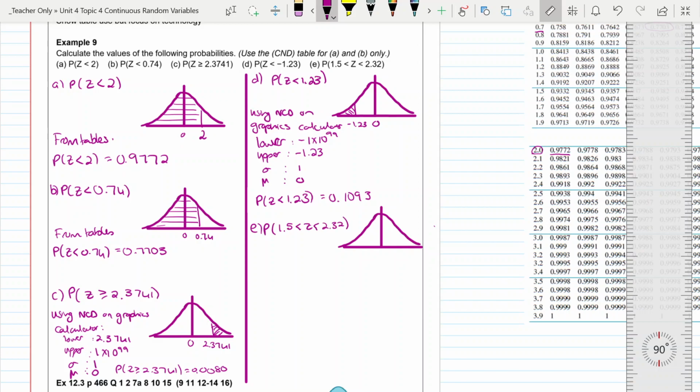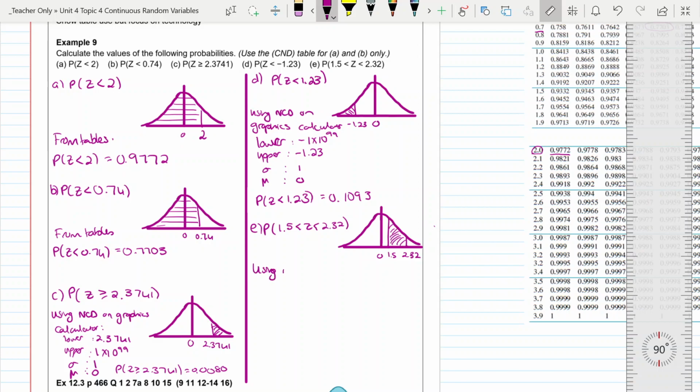Alright, my last example on this, we're wanting to do the probability of z falling between 1.5 and 2.32. 1.5 is positive, it's to the right of our mean, and so is 2.32, so I'm going to pick a value here and a value here, 1.5, 2.32, and I'm interested in this little area over there.